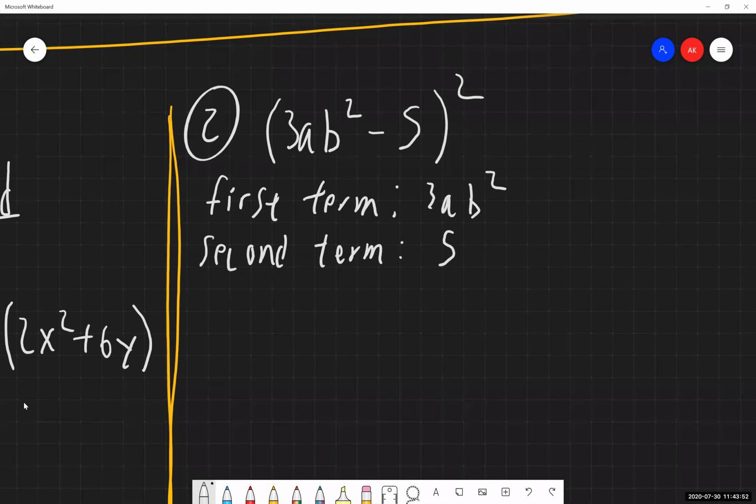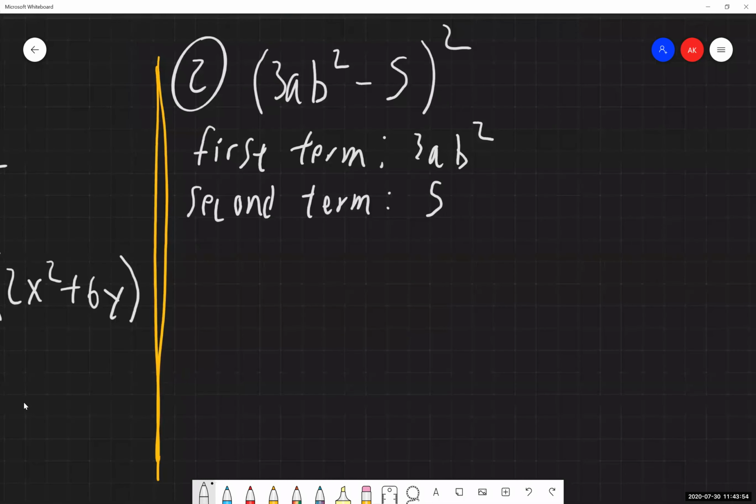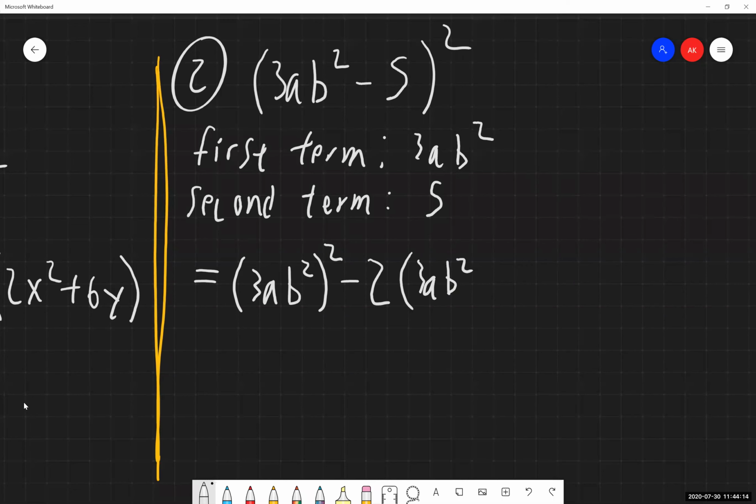So our answer told us, if we're using the shortcut, it's our first term squared. So 3ab squared, the second power, minus 2 times the first term times the second term, plus the second term squared.